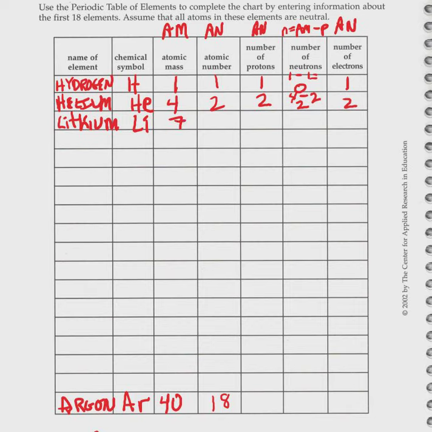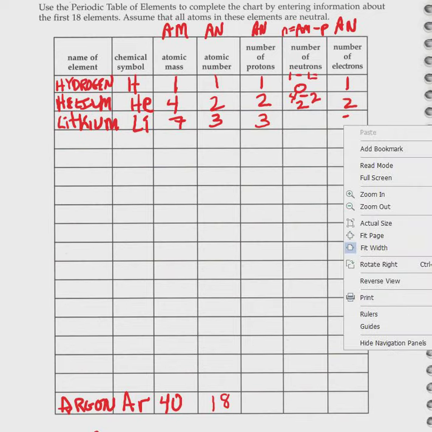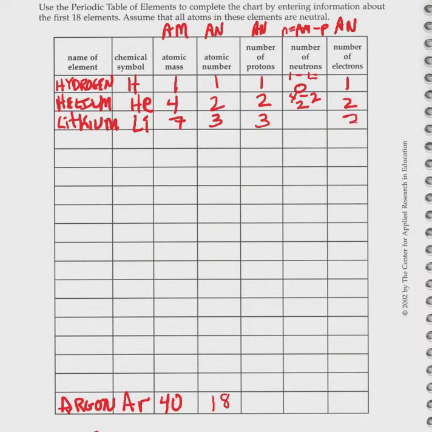And the atomic number would be 3, because remember the protons would equal the atomic number, so that would also be 3. Electrons would equal the atomic number, and that's 3 as well. And the last, I'm going to let you figure out the number of neutrons.